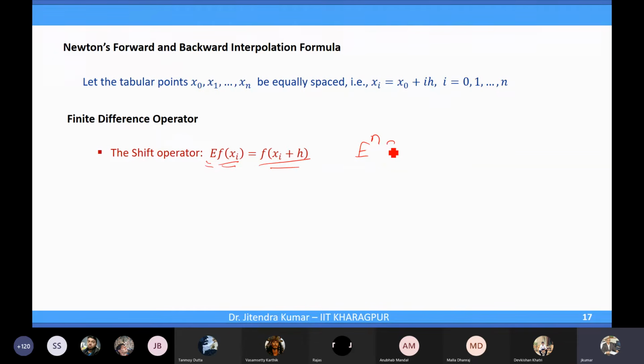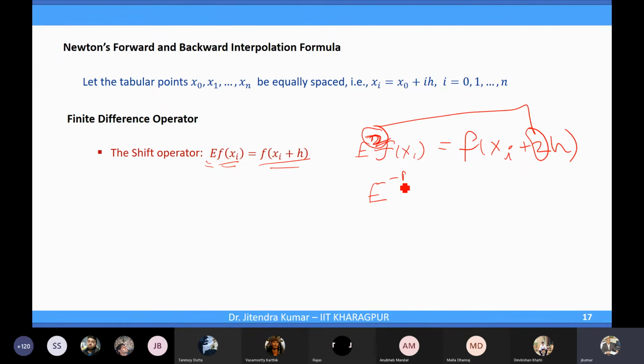If you apply E^2 on f(xi), that will be f(xi plus 2h). With the notation, if you have E^(-1) on f(xi), that is f(xi minus h). These are the shift operators.